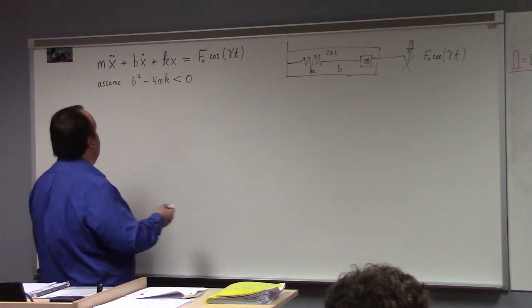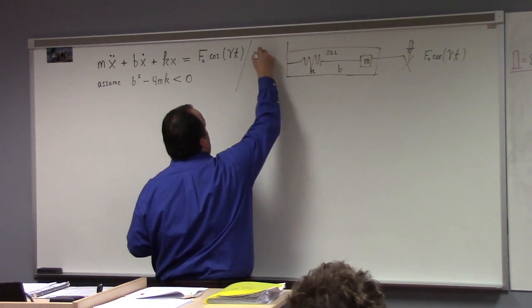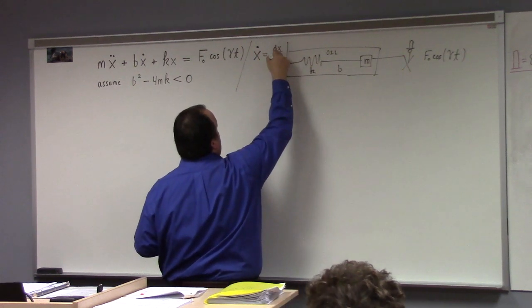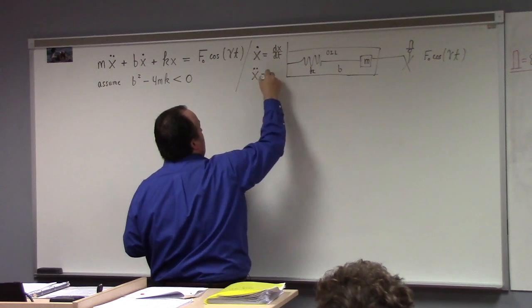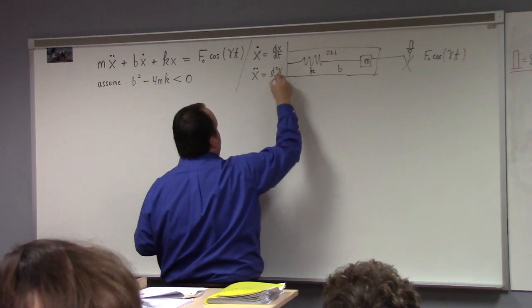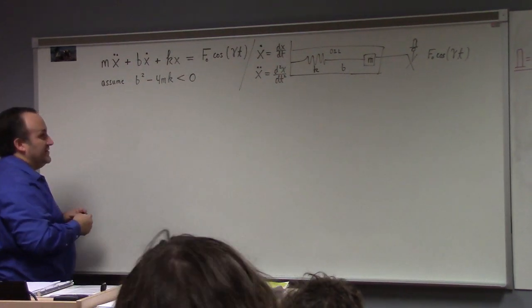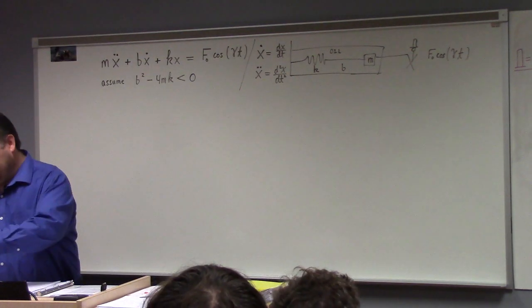Now, I don't know if you knew or not, but this is another notation. This is a historic notation. X dot is dx dt. X double dot is d squared x dt squared. This is Newton's notation for time derivatives. The notation we usually use is Leibniz's, obviously Leibniz won, apparently.